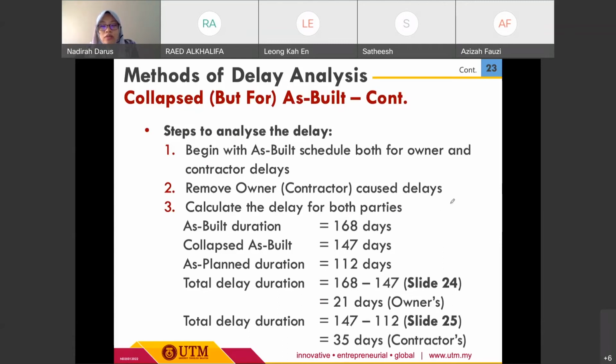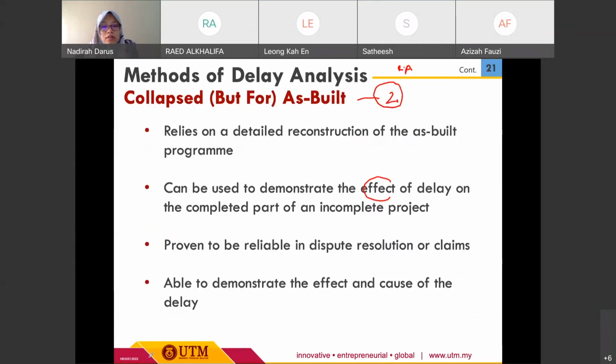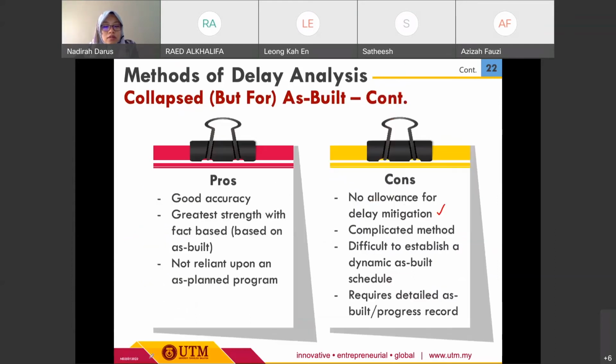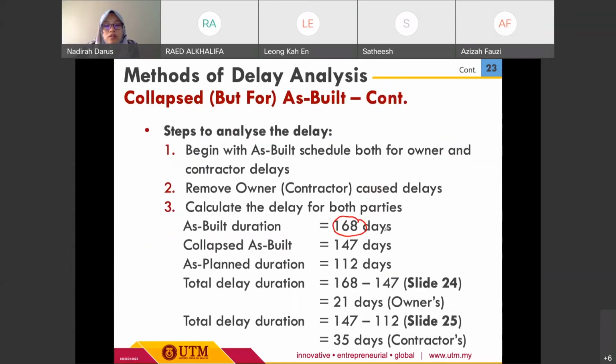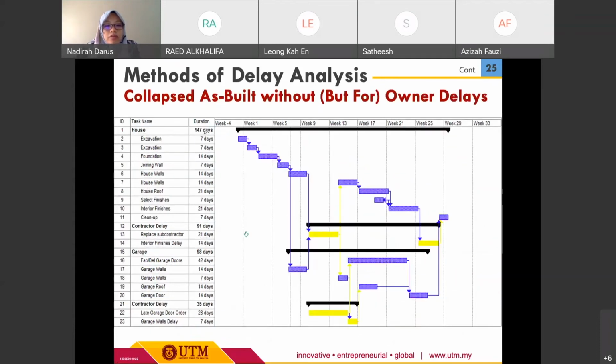For this we still refer to the first example: 168 days for the as-built duration, as-built slide 20, and then we have the collapsed one at 147 days.